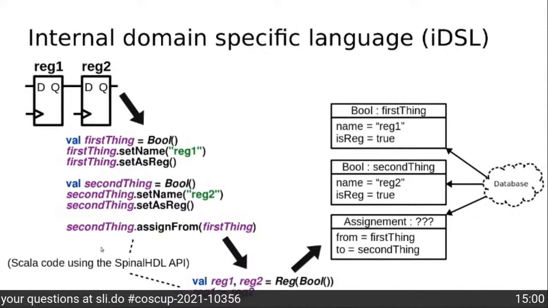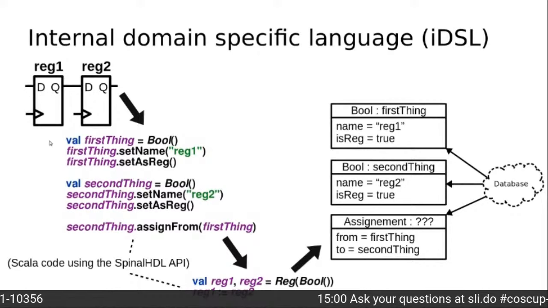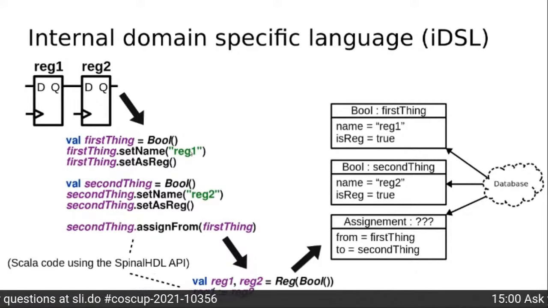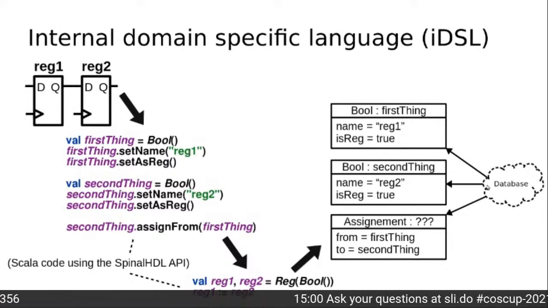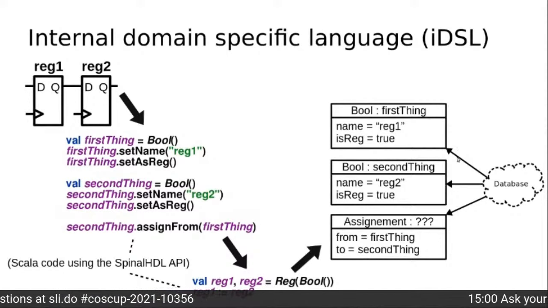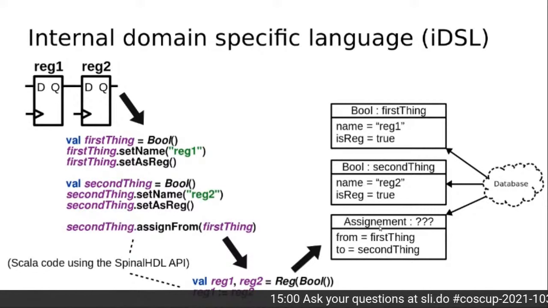Another concept of internal domain-specific languages is that each time you use the API of that library, in this case SpinalHDL, it will be registered into a database. All of your actions are registered into a database. For instance, when you create a Bool, it will add this to the database, and the database will keep a trace of it. So it will remember everything you wanted, like this Bool and this assignment.